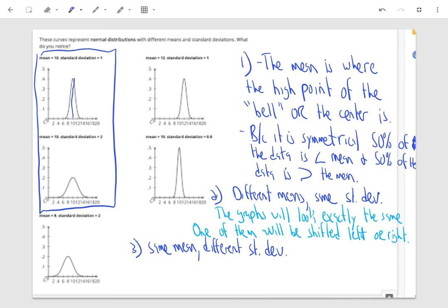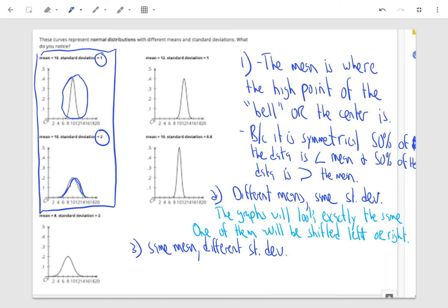Notice the center, the high points are both at 10, but one has a standard deviation of 1 and the other has a standard deviation of 2. So notice the one that has the lesser standard deviation, the bell part of the curve is taller and narrower. Okay, here, the one with the larger standard deviation, it's more spread out.